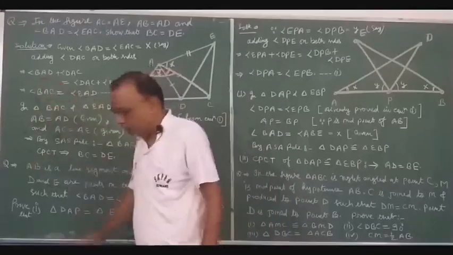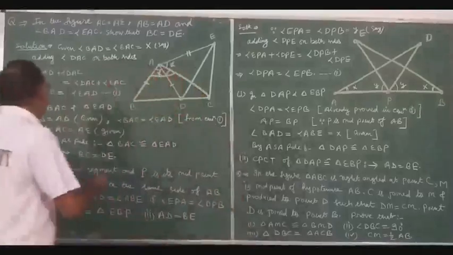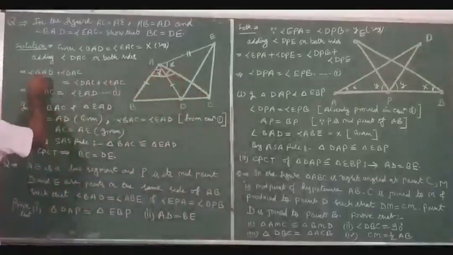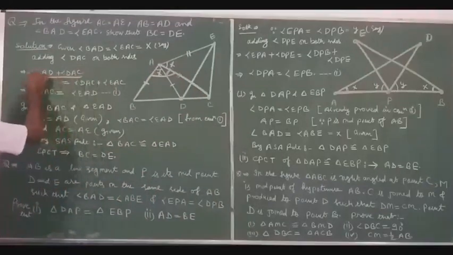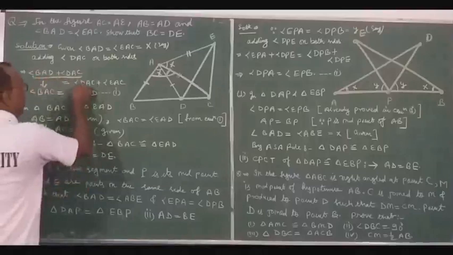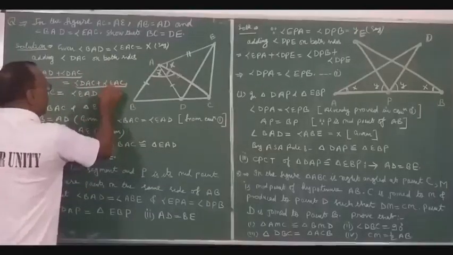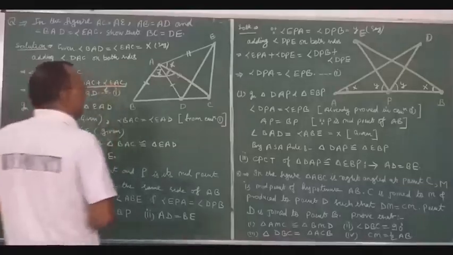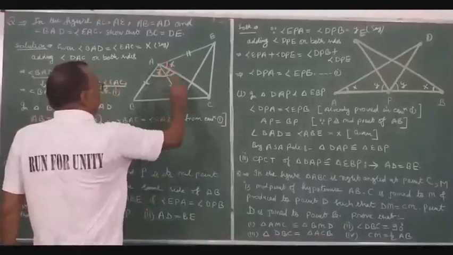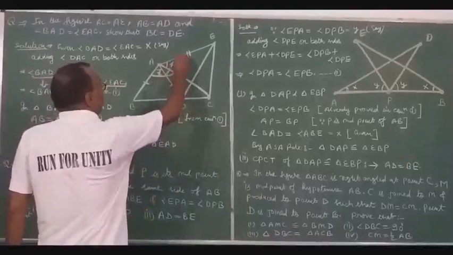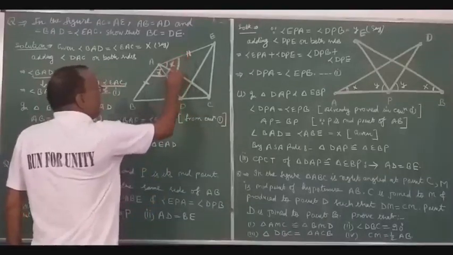The sum of these two is BAC, and this is DAC plus EAC. Just look here, DAC plus EAC is equal to this one.